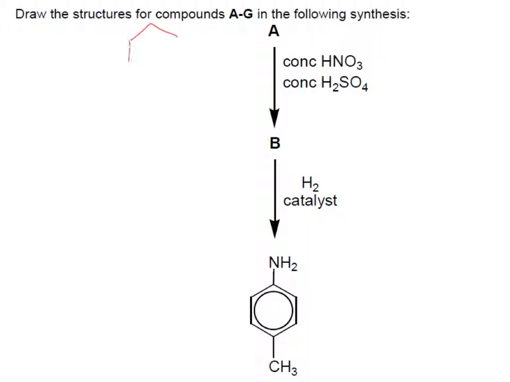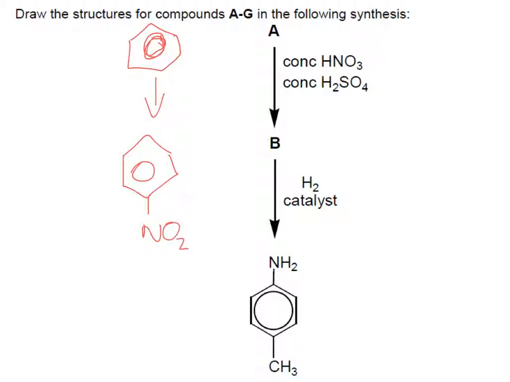So if compound A was a benzene ring, we're nitrating it to form B. That's using concentrated nitric and concentrated sulfuric acid.